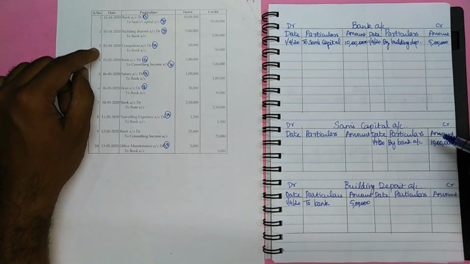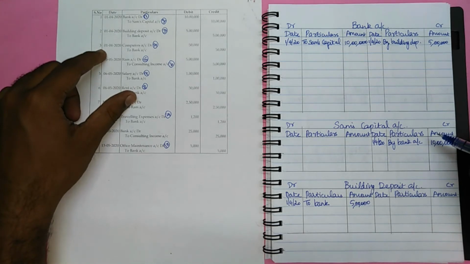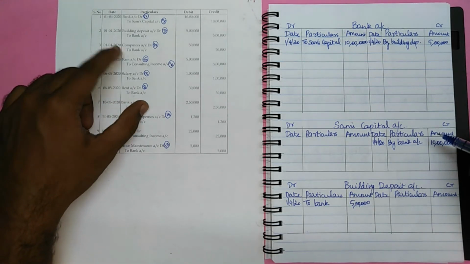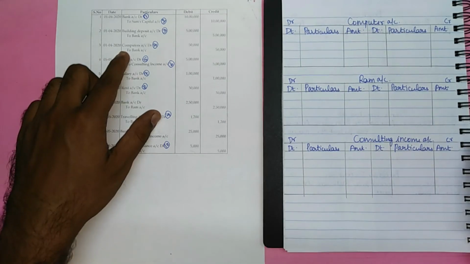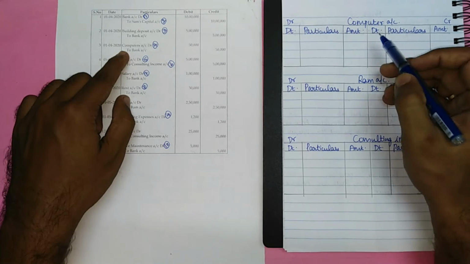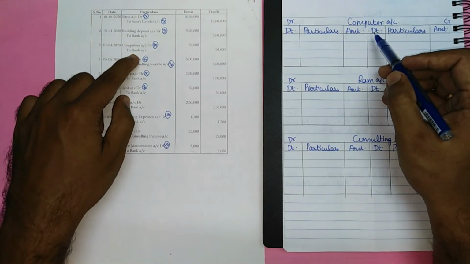Now let me explain. The third transaction is happening on 1st April 2020. Computer account to bank account, 50,000. The two account heads involved are computer account and bank account. Computer account, since it is debited in the journal entry, needs to be debited in the ledger also, but with the account credited in the journal entry, so it is bank.